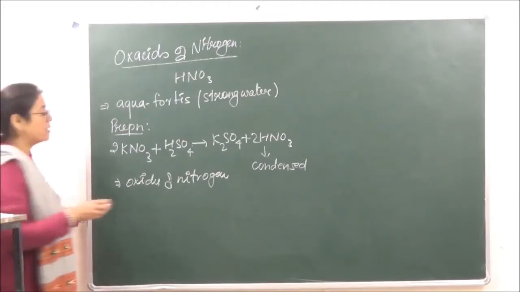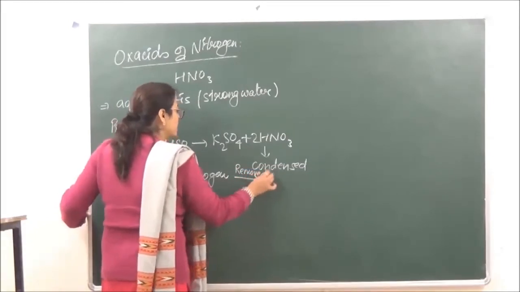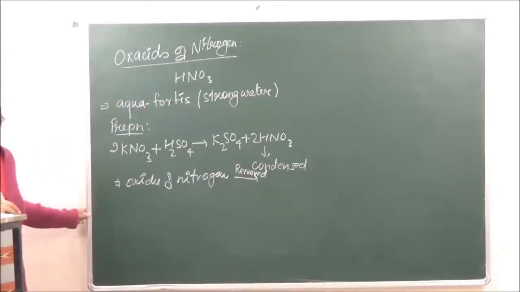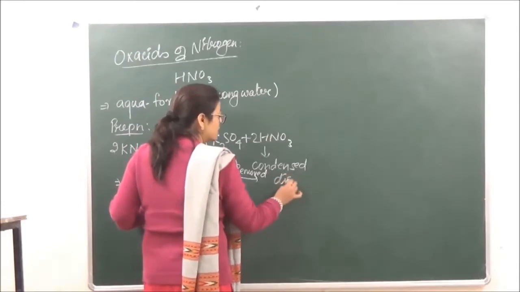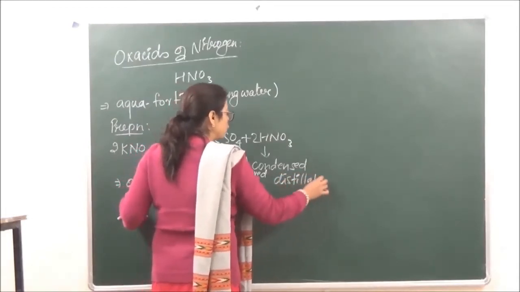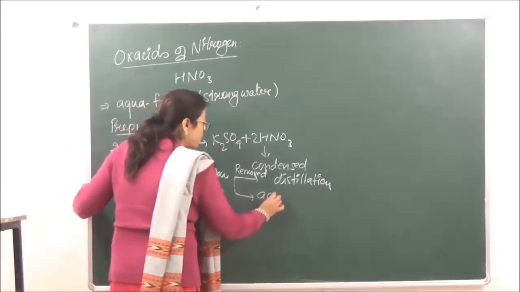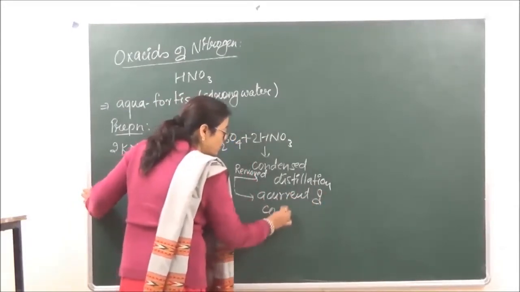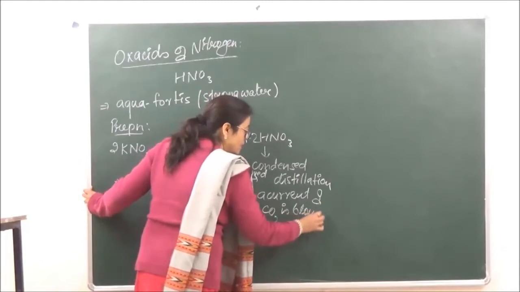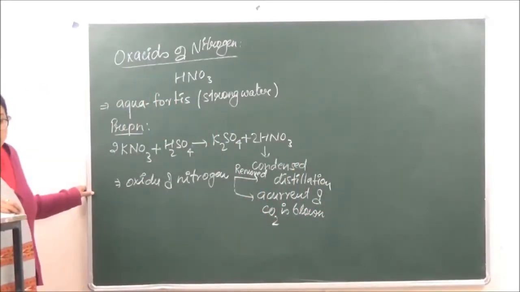These oxides of nitrogen can be removed by redistillation of HNO3, or a current of carbon dioxide is blown through it. ठीक है?